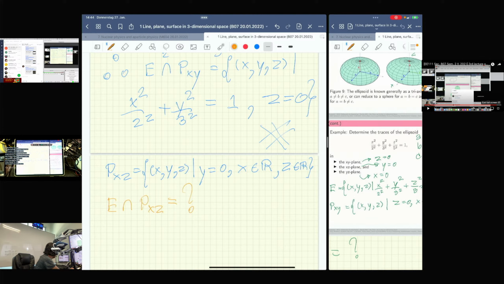We have these together with the result from here. The result is like this: x squared divided by 2 squared plus z squared divided by 5 squared, and on the right-hand side is equal to 1, right?